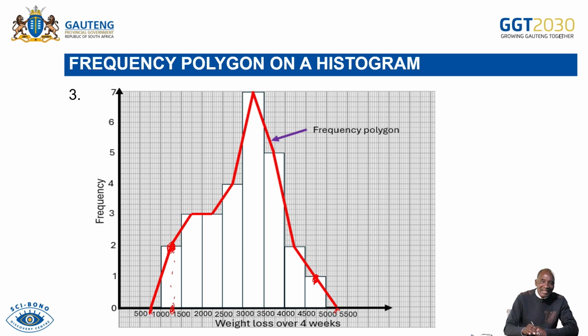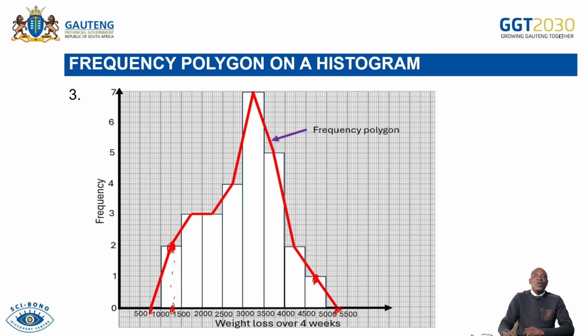But if we leave it at 4,750 versus 1, it is going to hang. So we need to ground it on the horizontal axis. How do we ground it? We look at the next class and mark the middle of that class, which is 5,000 to 5,500. In the middle, we have 5,250. That's where you're going to ground it down here.